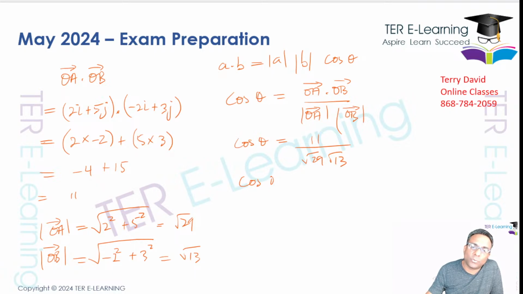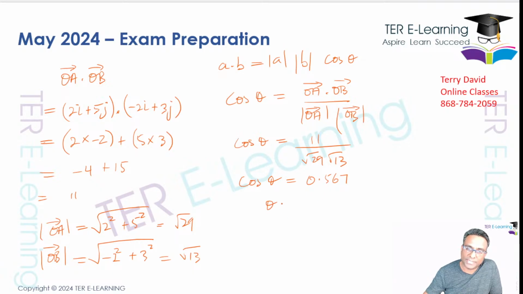So therefore cosine theta, you're going to get a decimal here now. I'm getting 0.567.